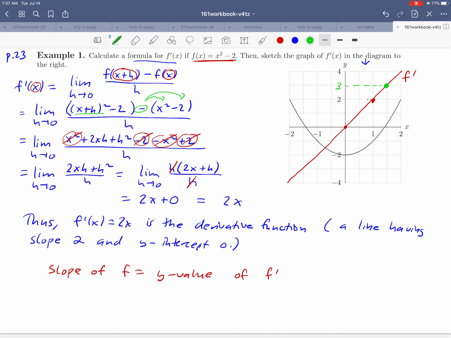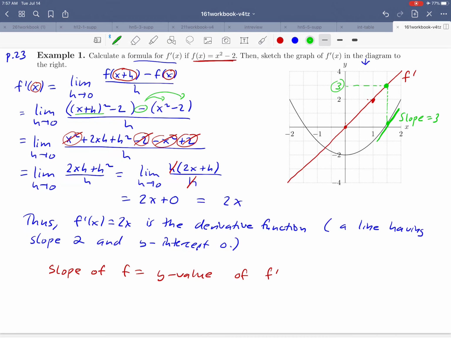So that y value has to match the slope of the original function, which means that if we find the same corresponding point on f, the slope of the tangent line there should be 3. Okay, that slope has to match the y-coordinate of the derivative. And you should be able to do that in theory for any other point on the derivative graph.